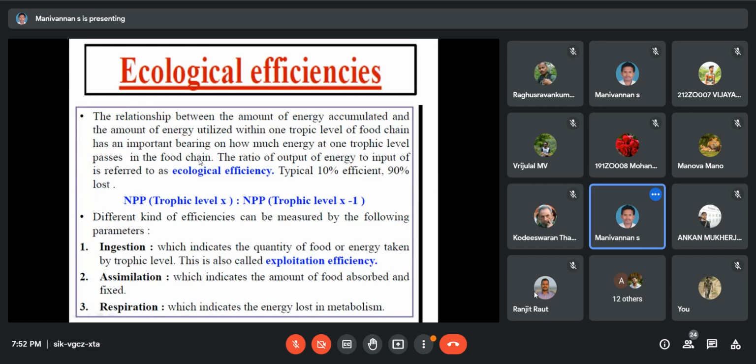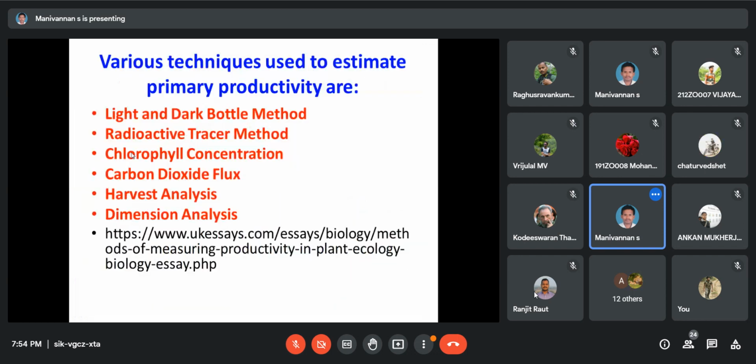How to measure productivity is the next point. Different methods are available for the measurement of productivity. For example, the various techniques to estimate primary productivity are the light and dark bottle method, the radioactive tracer method, the chlorophyll concentration method, the carbon dioxide flux method, harvest analysis, and dimension analysis.